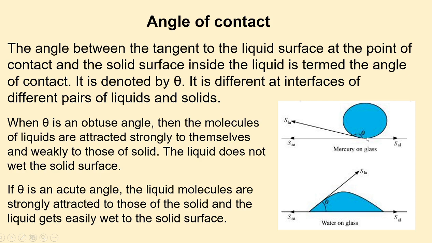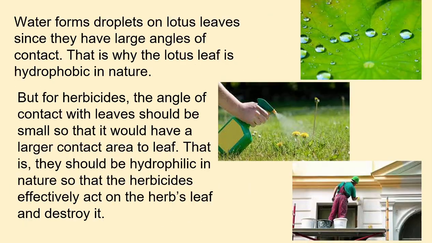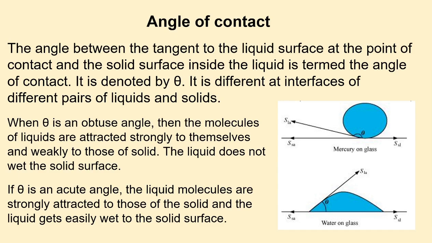This angle of contact will determine whether a liquid will spread on the surface of the solid or form a droplet on it. So this angle of contact is different for different pairs of liquids and solids.